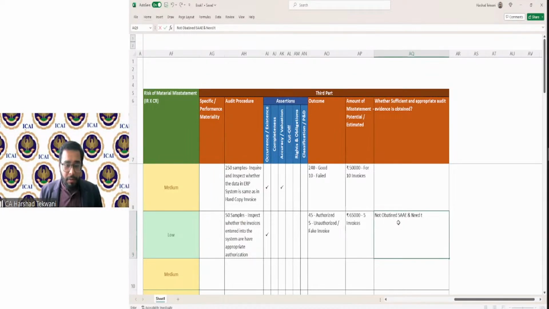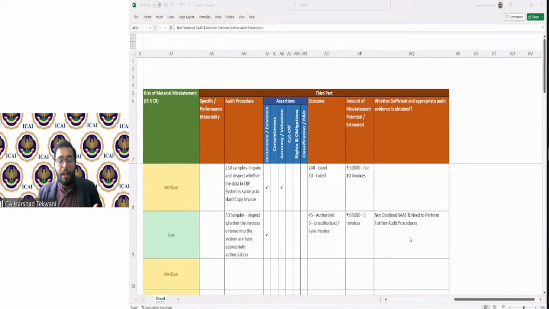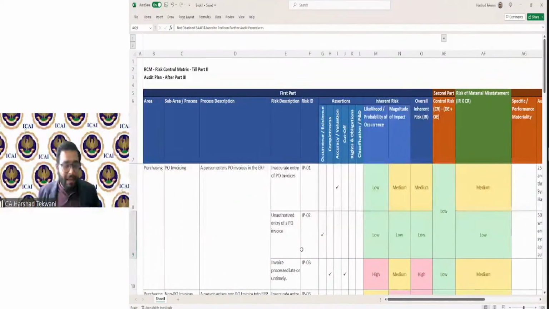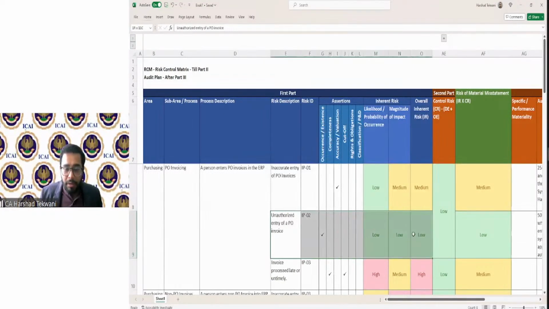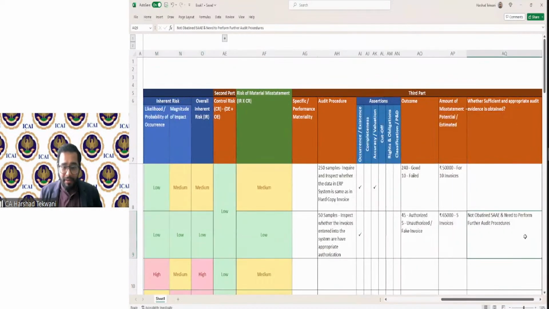Or is there a requirement of revisiting the risk? Earlier, when I was checking the risk of unauthorized entry, I said low, low, low, a low likelihood and low magnitude. Am I required to revisit the risk over here? The answer is yes. This requires revisiting the risk.